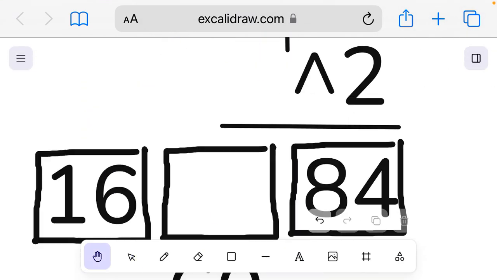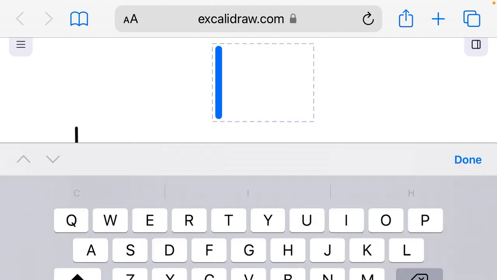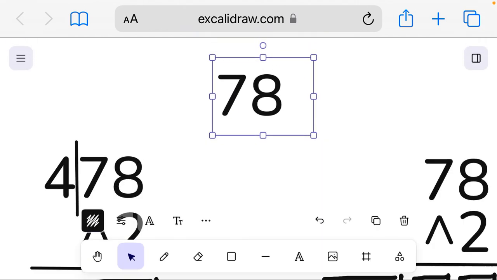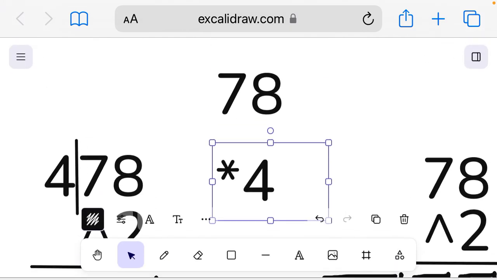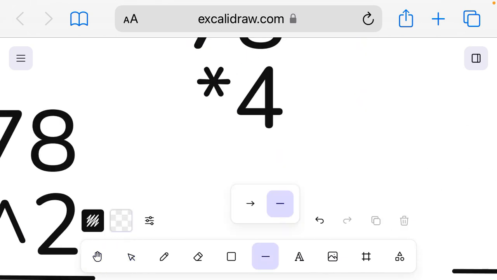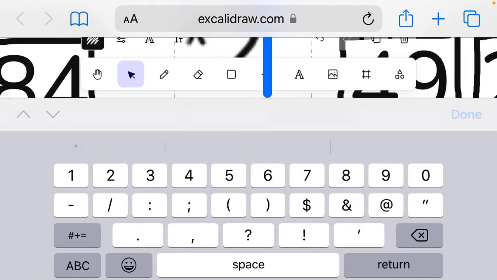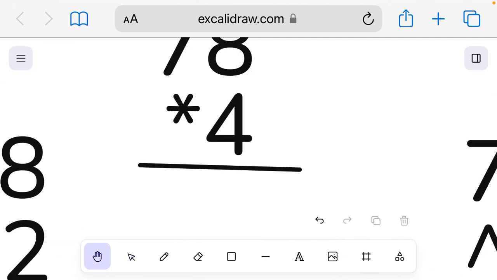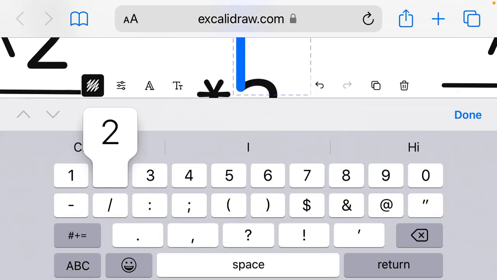It goes here. And now for 78 times 4 times 2. So you write 78 times 4, and then you multiply by 2. Like this. And now you have to do 8 times 4, which is 32.